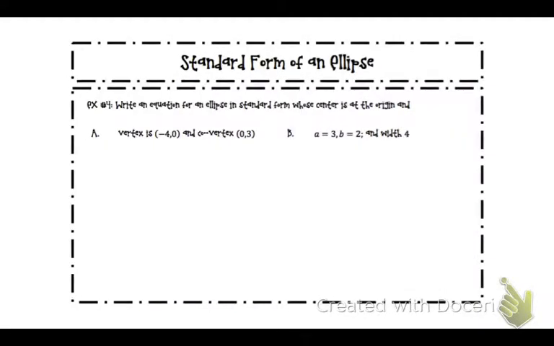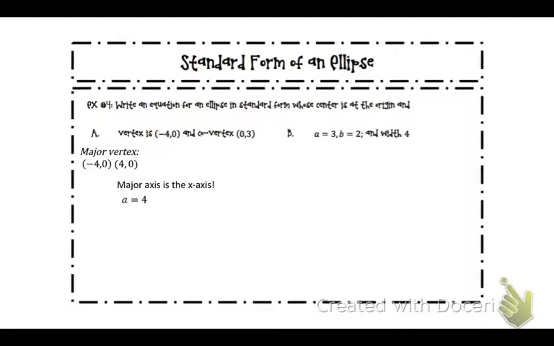So we have to write an equation for an ellipse in standard form whose center is at the origin. And then for A, the vertex is (-4, 0), and the co-vertex is (0, 3). So if the major vertex is (-4, 0), we also have another point at (4, 0), which means the major axis is the x-axis because that's in the x coordinate right there.